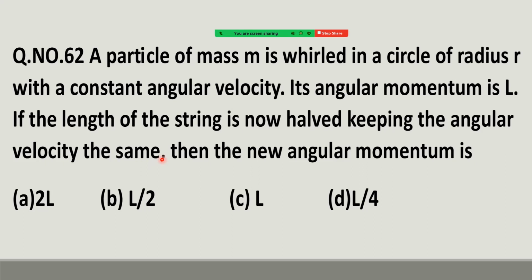By keeping omega the same, what is the new angular momentum? So first we have to focus: it is a circular path, omega constant. Now the length becomes half without changing omega. What happens to angular momentum?